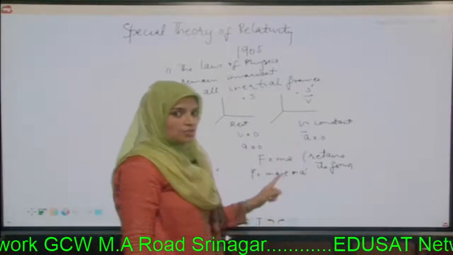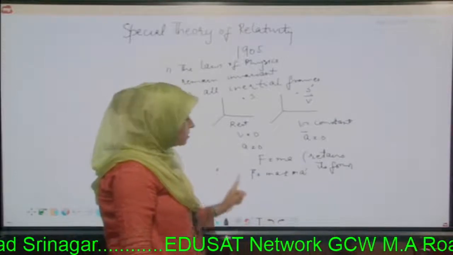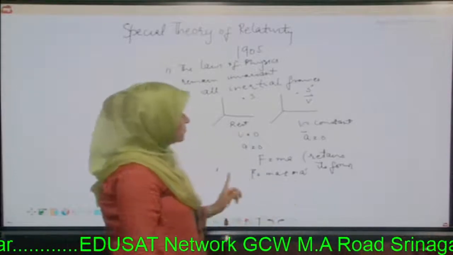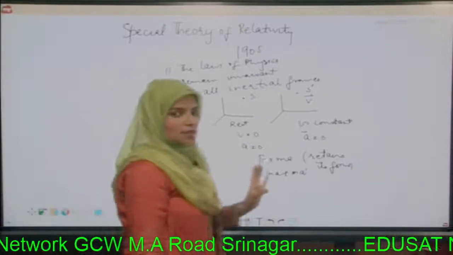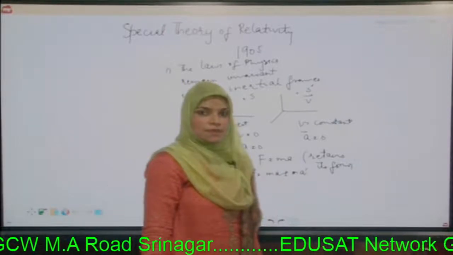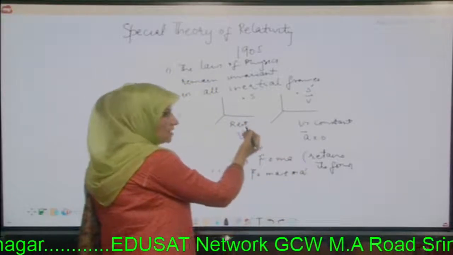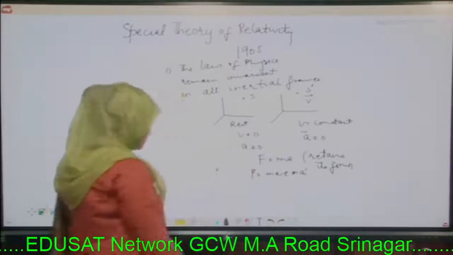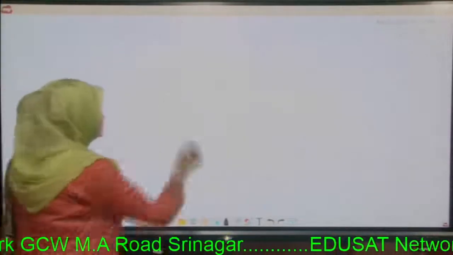But that acceleration does not exist, and Newtonian laws hold good. The equations don't modify. In such frames of reference, Einstein says that the laws of physics remain invariant, which means the results of an experiment are essentially the same whether we perform them in one inertial frame or in the other inertial frame.